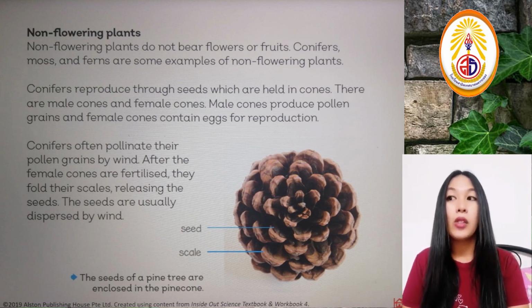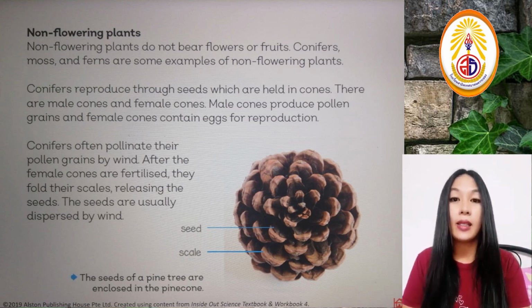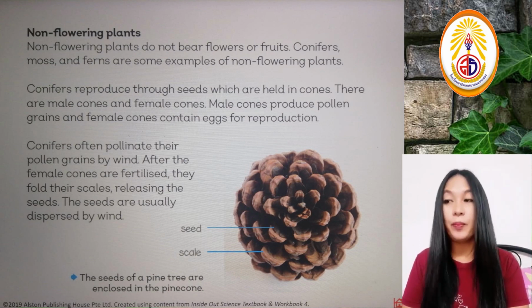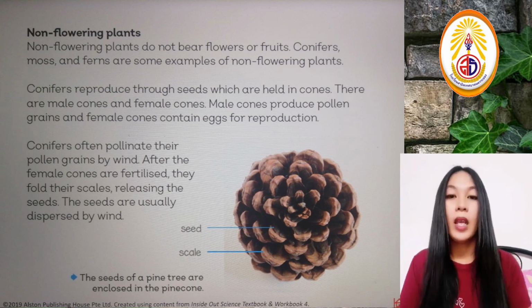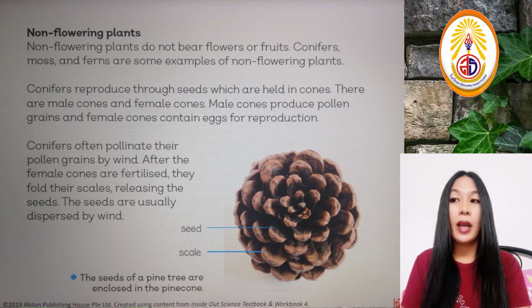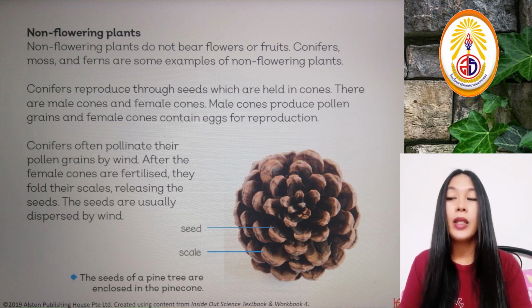The male cones produce pollen grains, and the female cones contain eggs for reproduction. Conifers rely solely on the wind to pollinate and reproduce. After the female cones are fertilized, they open their scales, releasing the seeds, and the seeds are usually dispersed by the wind.